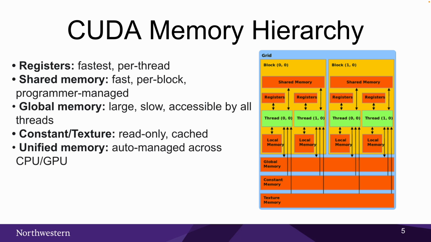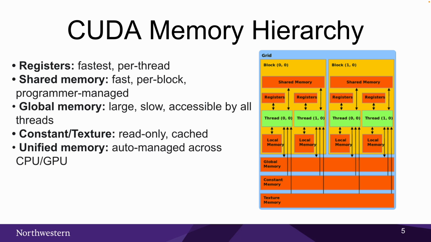Global memory is large and accessible to all threads, but much slower. Access patterns like coalescing are important to reduce memory bottlenecks. Constant and texture memory are both read-only and cached. Constant memory is great for broadcasting small values, and texture memory is optimized for 2D spatial access.